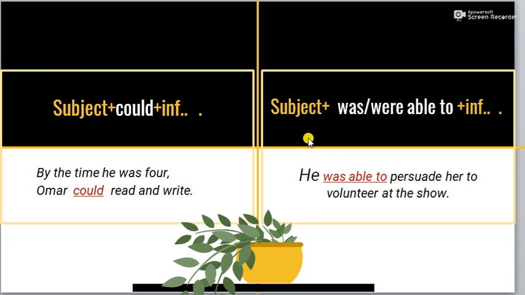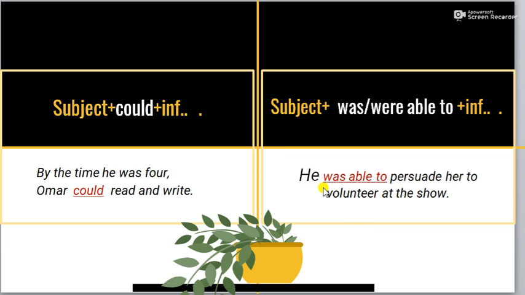Okay? On the other hand, here we start the sentence with the subject before was or were able to plus the infinitive or the base form of the verb. For example, he was able to persuade her to volunteer at the show.